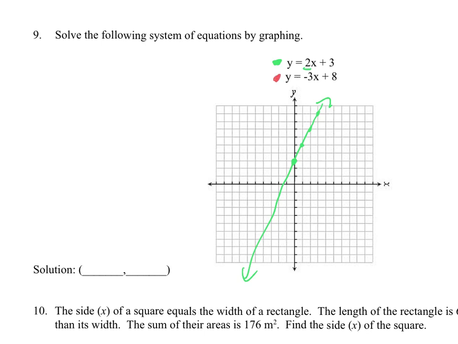The second equation is going to be red. So I'm going to plot the y-intercept, 2, 4, 6, 8. And then my slope is negative 3. So I go down 1, 2, 3 over 1. What do you know? There's my guy right there. So my solution is going to be 1, 5.